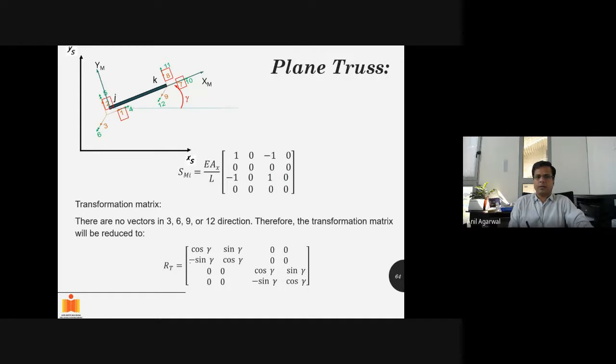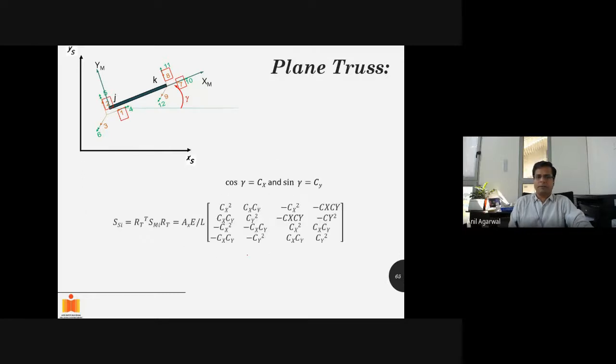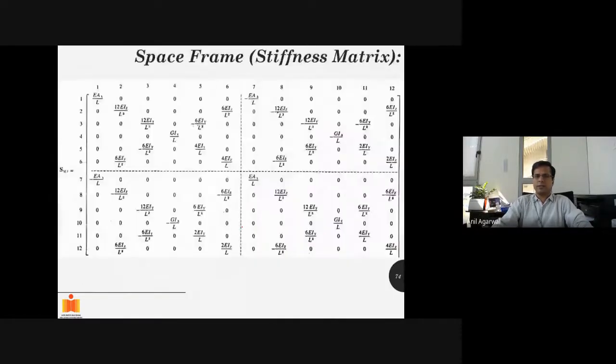Okay, and the transformation matrix RT, which is for the 4-size vector, was this one. Then we had derived the stiffness matrix in the global coordinate system. We had done this multiplication with RT on both sides of SM to get SI, and this is what we had got: AE by L, CX square, CX CY, etc. So we can use that one directly here.